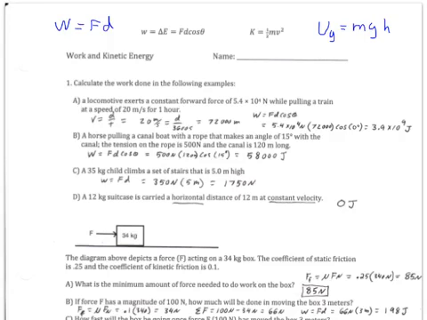Now let's look at this next one. These are easy ones to get wrong, and so they're probably going to ask you this. I have a 12-kilogram suitcase. It's carried a horizontal distance of 12 meters at a constant velocity. So which direction does it weigh? This 12-kilogram suitcase has an mg of 120 newtons downward.